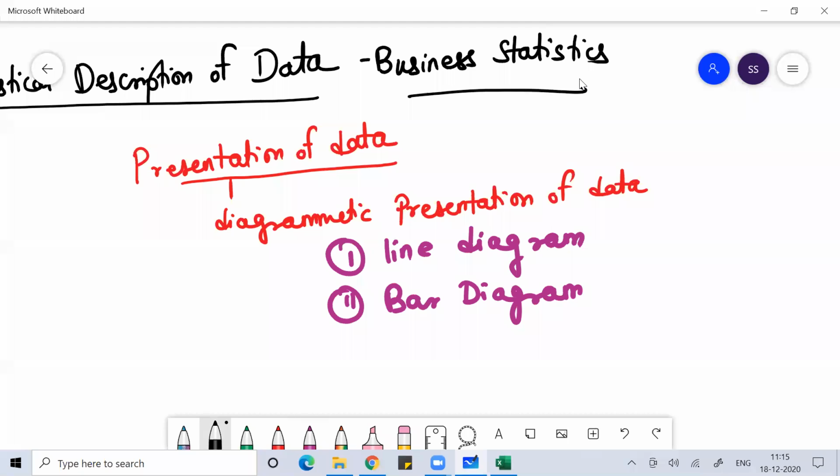In the different types of bar diagram, we talked about the simple bar diagram, the multiple bar diagram, the subdivided bar diagram, and the percentage bar diagram.